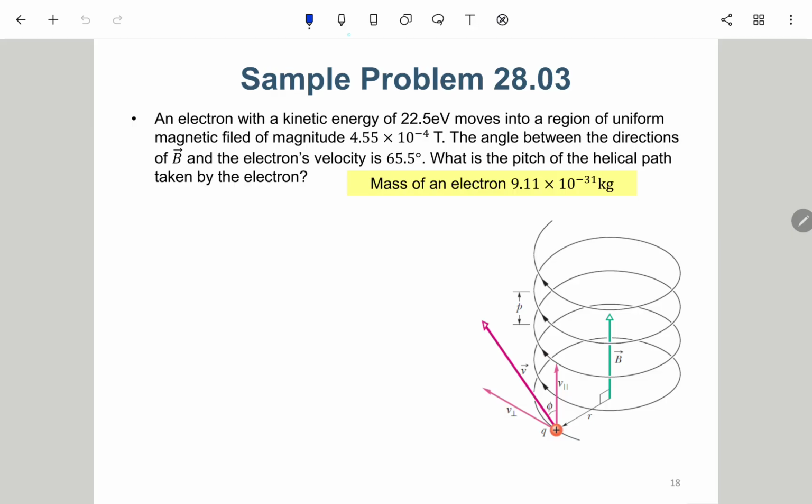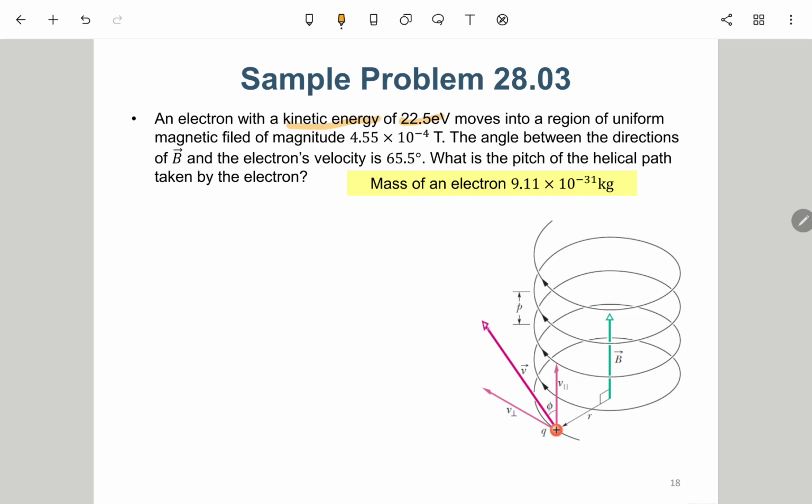Here it says an electron with a kinetic energy of 22.5 eV moves into a region of uniform B field of this magnitude, and the angle between the direction of B and the electron velocity is 65.5 degrees. They are not perfectly perpendicular to each other.